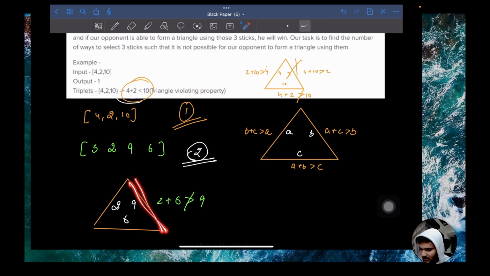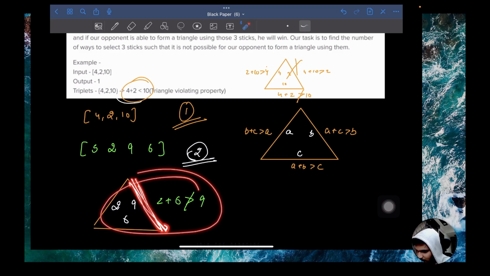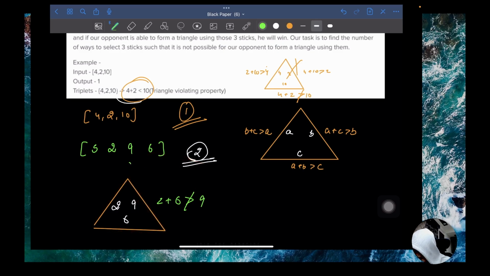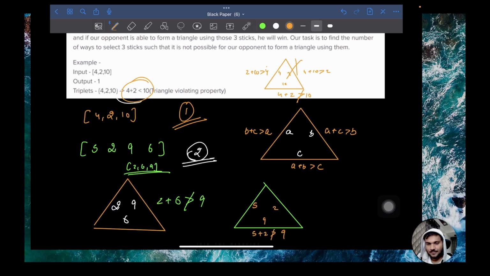So for this side the condition is violated, and hence we won't be able to form a triangle. So one way is 2, 6, 9. Let's try to figure out another way. If you keep 5, 2, 9, then also 5 plus 2 is not greater than 9, and hence this is going to be another way, 5, 2, 9.